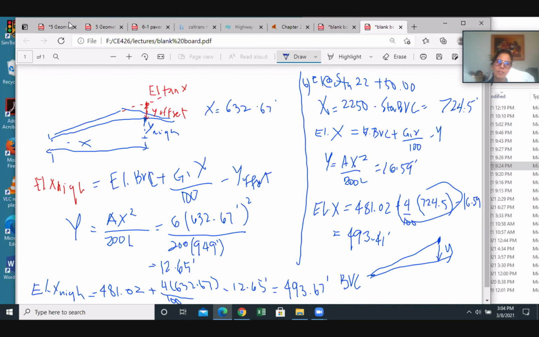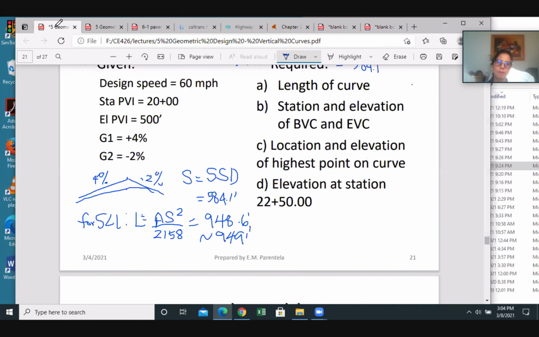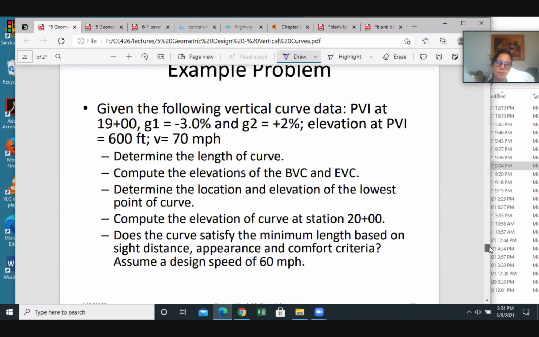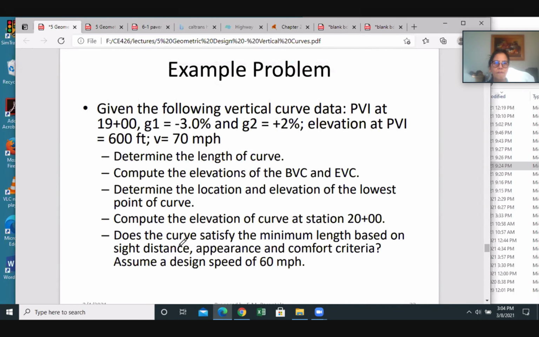Okay, then let's try solving another problem. This time, let's apply it on a sag curve. Again, the same concept will be used, except that now we're dealing with a problem that asks for the length of the curve.